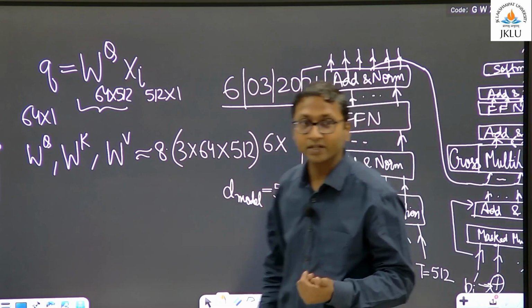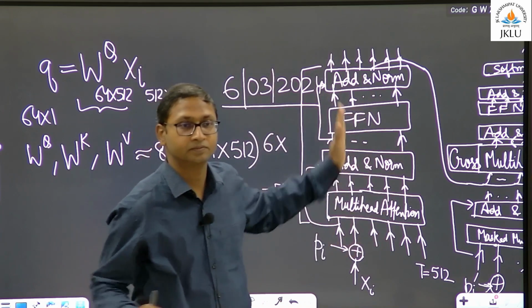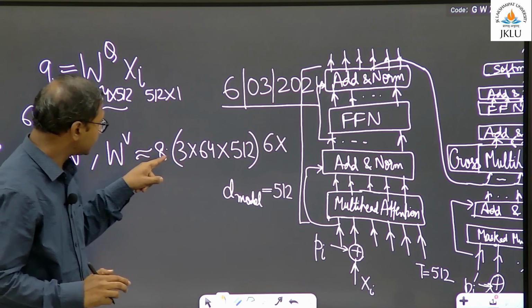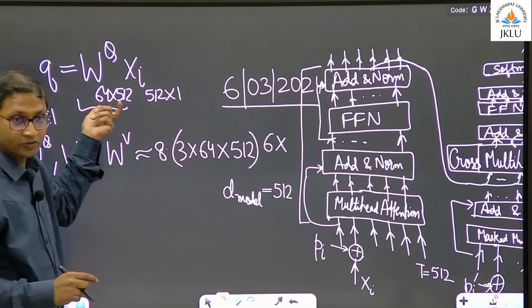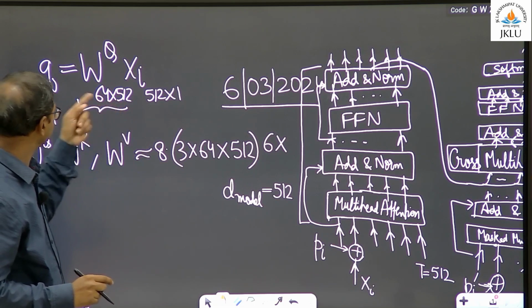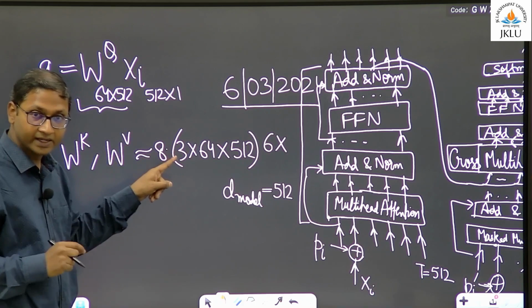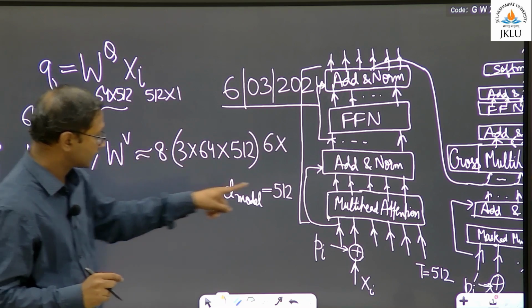Okay, we are trying to find the total number of parameters in this whole thing. So, is this fine? Each one is 64 cross 512, and there are 3 of them, so cross 3, and this is multi-head attention and there are 8 heads. Okay, so this is done.